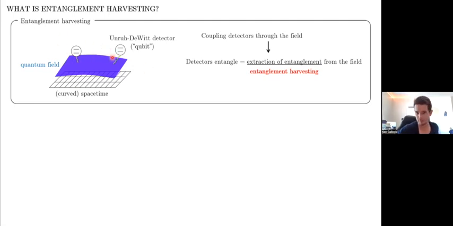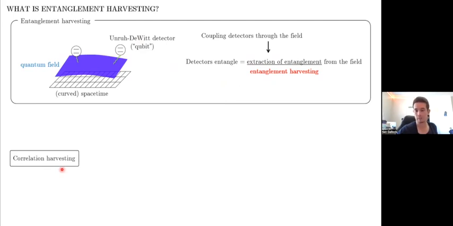So two detectors will be entangled. This is because the quantum field is already in an entangled state, even in a vacuum. So basically, this is extracting entanglement from the field, and we call this entanglement harvesting. In general, you can harvest other types of correlation from the field, so I will just call it correlation harvesting.